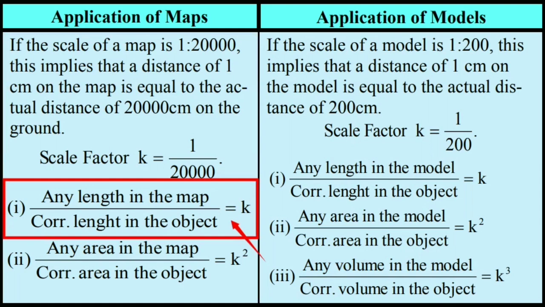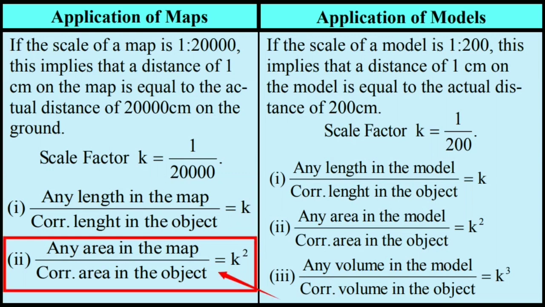Point 1. Any length in the map divided by the corresponding length in the object is equal to K, the scale factor. Point 2. Any area in the map divided by the corresponding area in the object is equal to the square of the scale factor, that is K square.